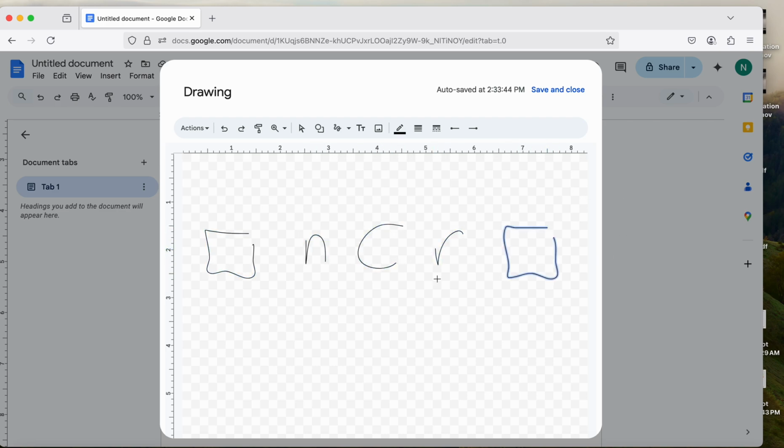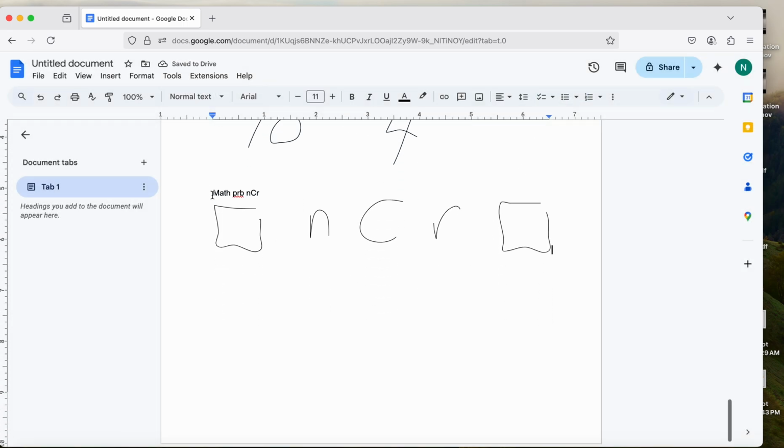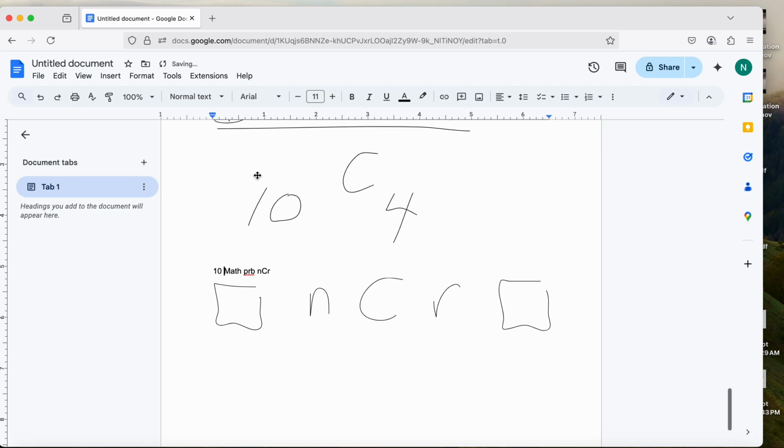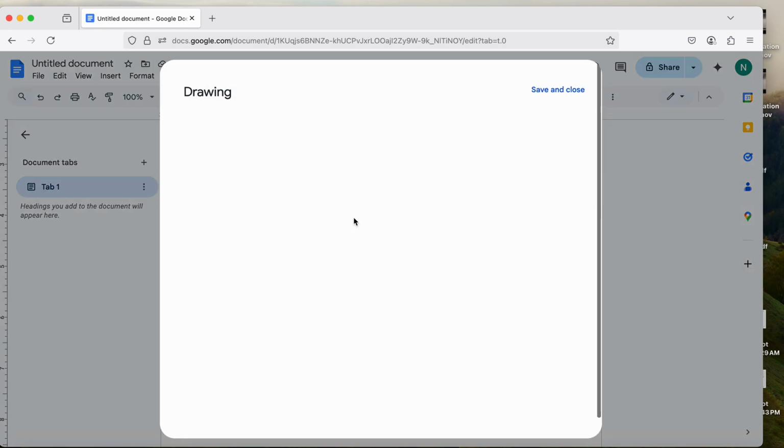If you have this format, you start off by typing the number 10 or the number 6. You type this one first, and then you hit math, PRB, and then nCr.